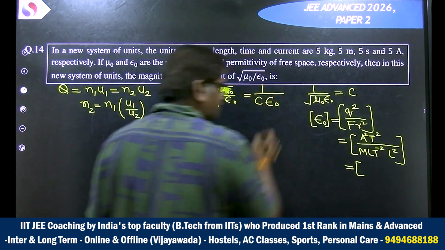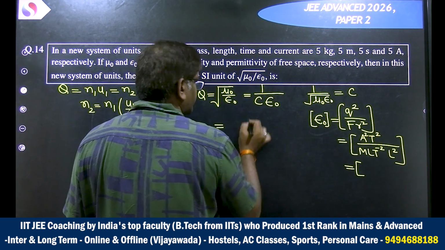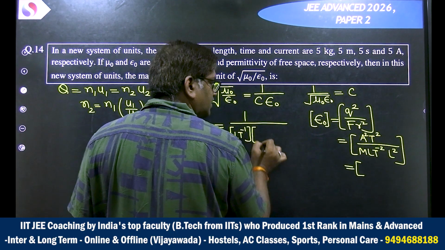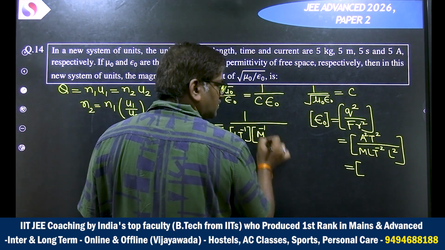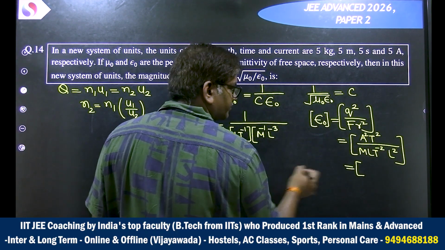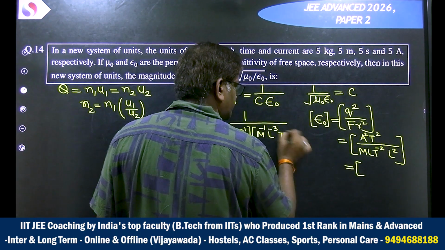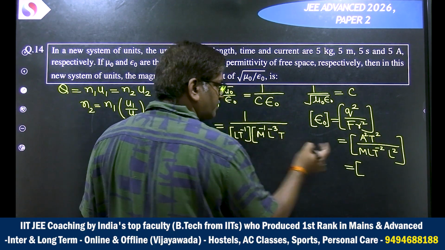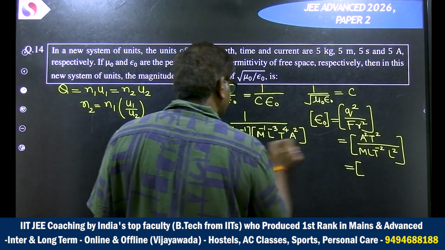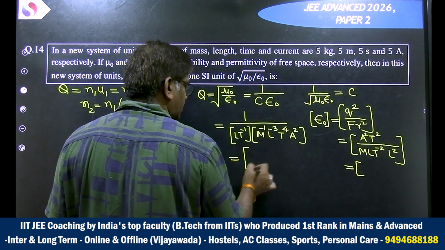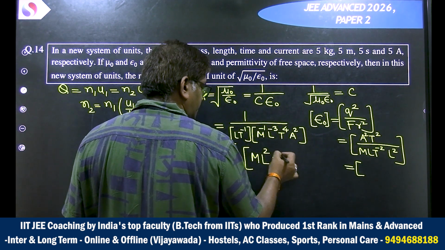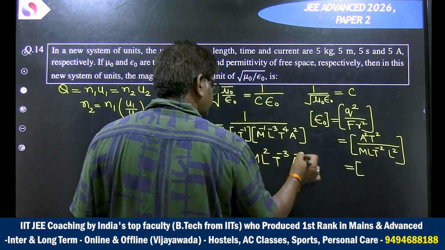That means if I substitute here, then this is 1 upon, this is L T minus 1, and this value will be M minus 1, L minus 3, T 4, A 2. And finally, what you are getting is L2 T minus 3 A minus 2.